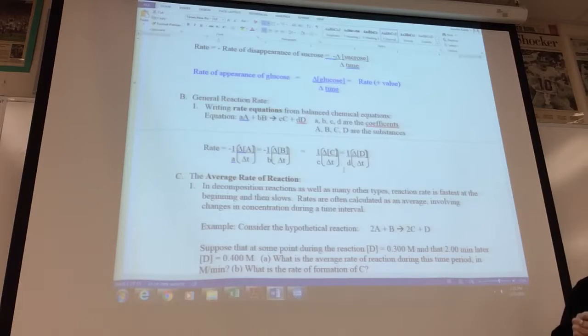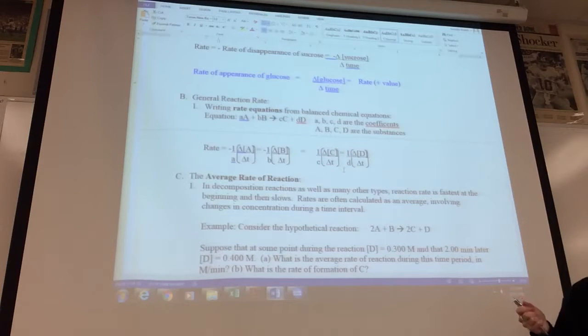Whenever you do a reactant, you always have -1 over the coefficient of the reactant, change in the concentration over the change in time. Products have a positive 1 over the coefficient, same thing.